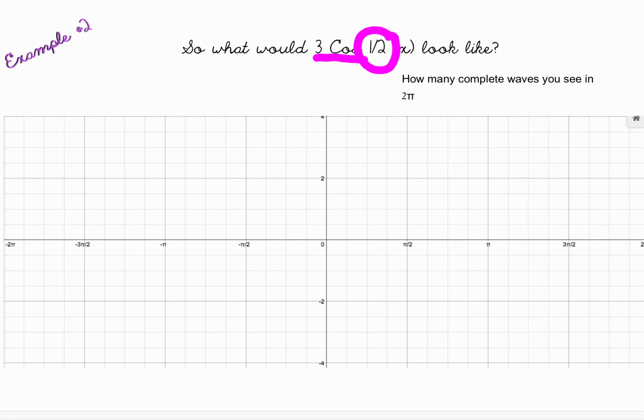So it tells me I want to start at 3, but I only want to see half a wave, so that means I want to end at -3. And then halfway in between a high and a low, I know I'm going to hit 0. So that's what a cosine would look like.